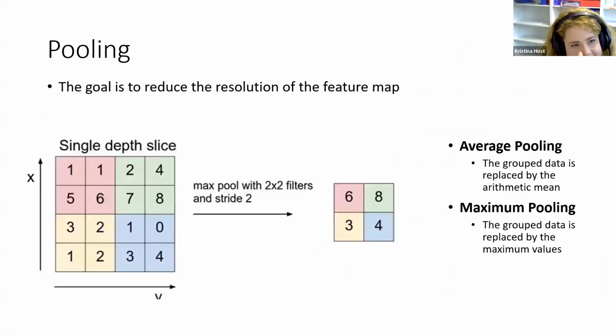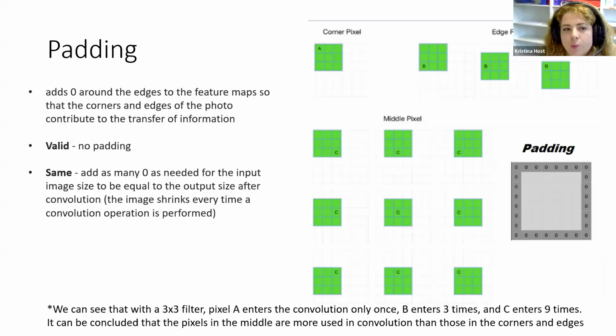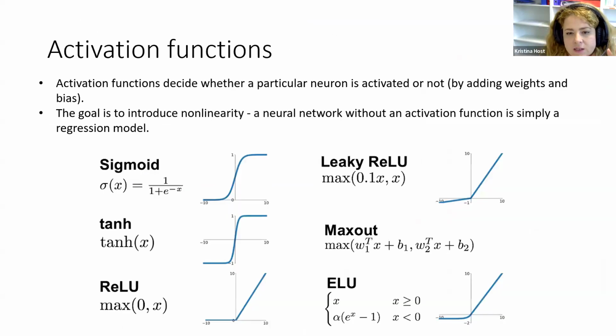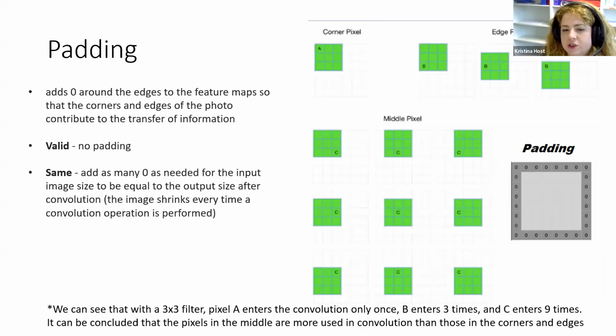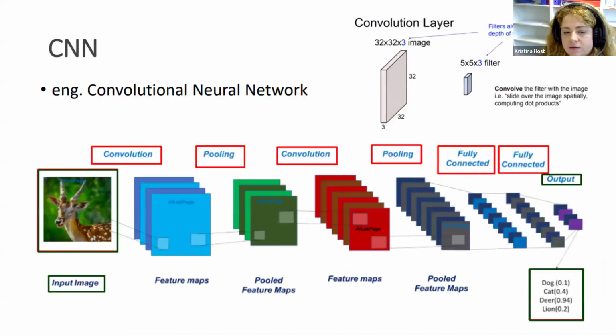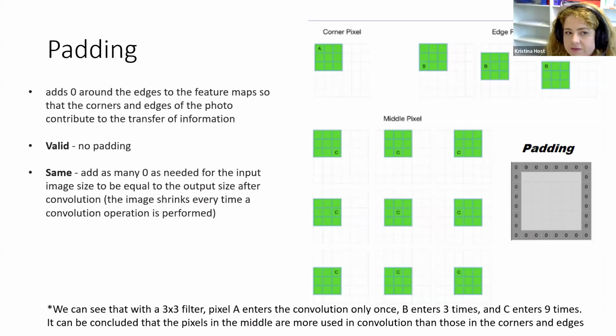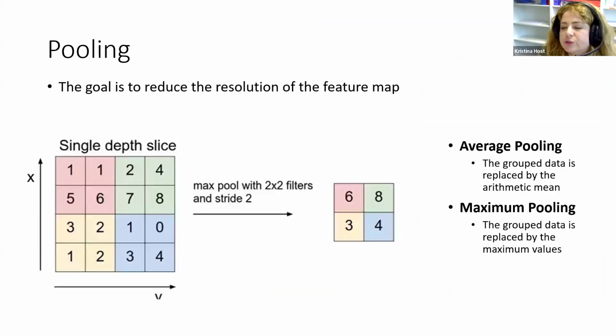And one more thing is pooling. When we do this convolution with filters and then activation functions, we obtain feature maps. Then we want to pool these feature maps to reduce the resolution. How can we do that? We have 2 famous methods.